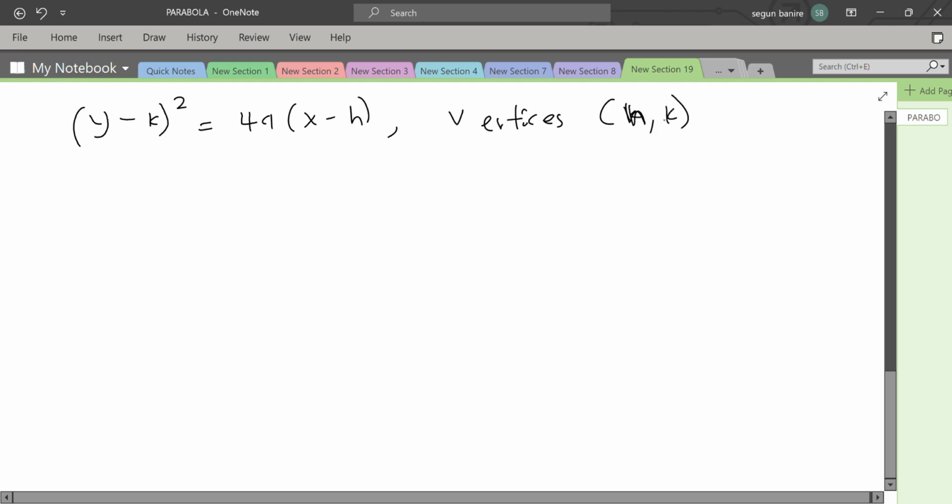What happened is that your graph has shifted from the origin to a point h comma k, and this is what it means graphically. So if I have h here and I have k here, it has shifted from this origin to this point, and that is where you have your curve.